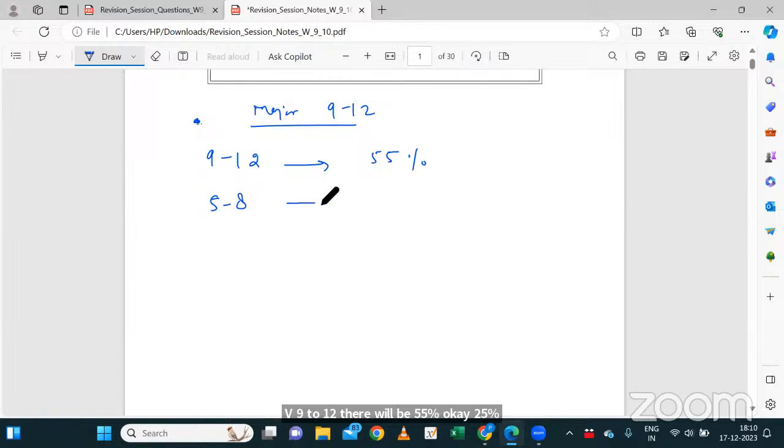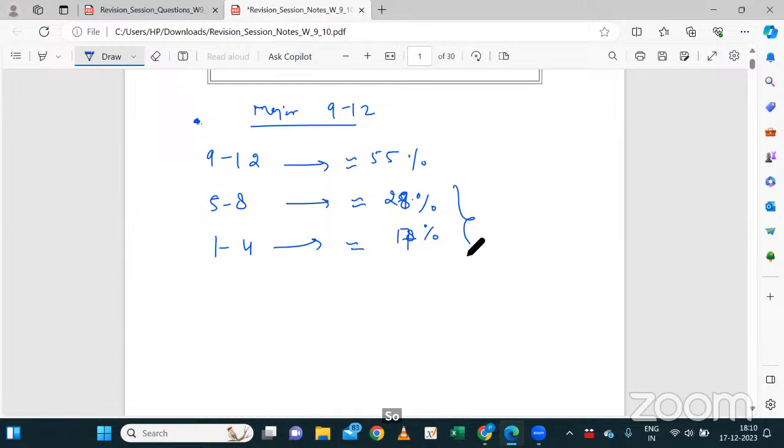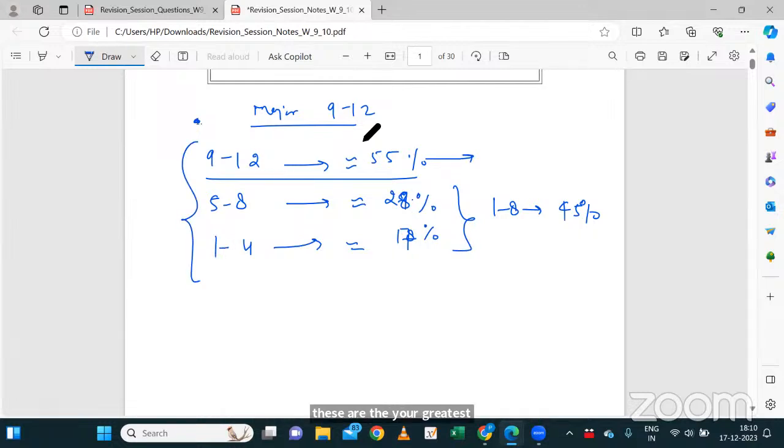Weeks 5 to 8 will cover approximately 28%, and weeks 1 to 4 will cover the rest, about 17 to 18%. So more or less, weeks 1 to 8 will cover 45%, and the remaining 55% will be from week 9 to 12. These are your weightage for the end term exams.